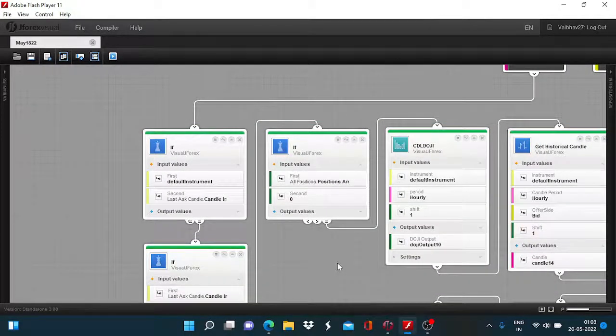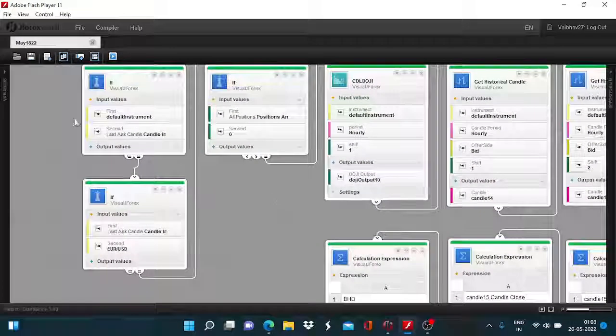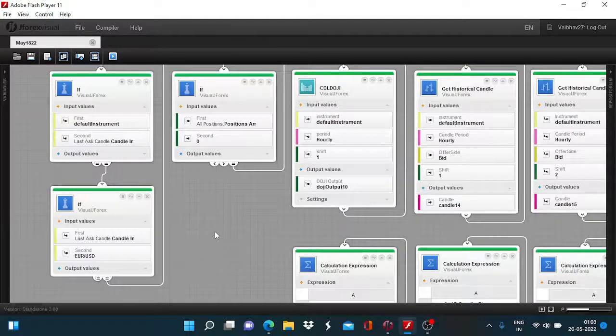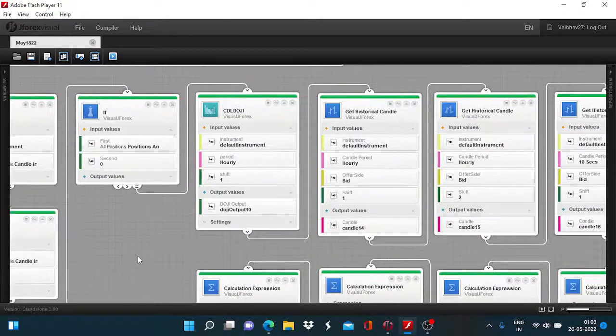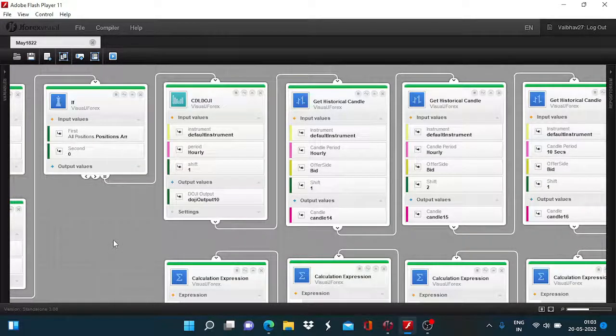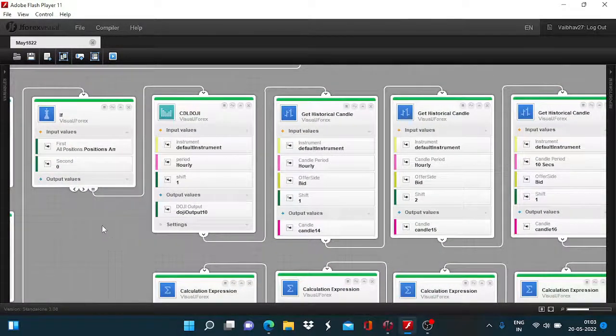In the prior session, I had explained how we can define the instrument of choice as the default instrument, and to make sure that the trades happen only on the instrument of choice, I have this formation in place. Afterwards, the position amount was defined at 0 to make sure there is no existing open or pending position, to avoid doubling the position sizing if there is any existing trade on the system.